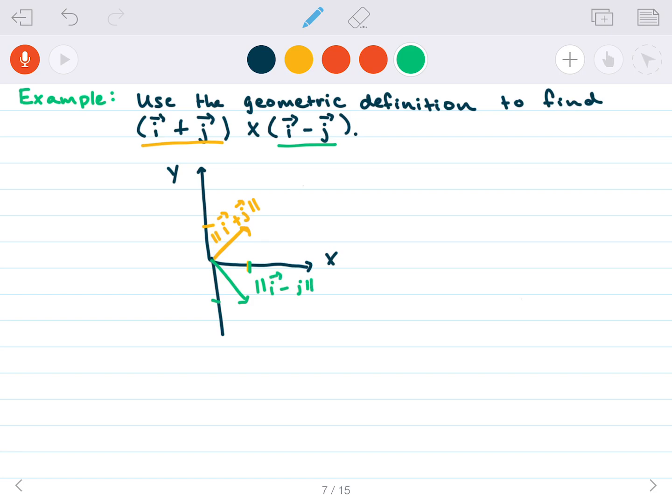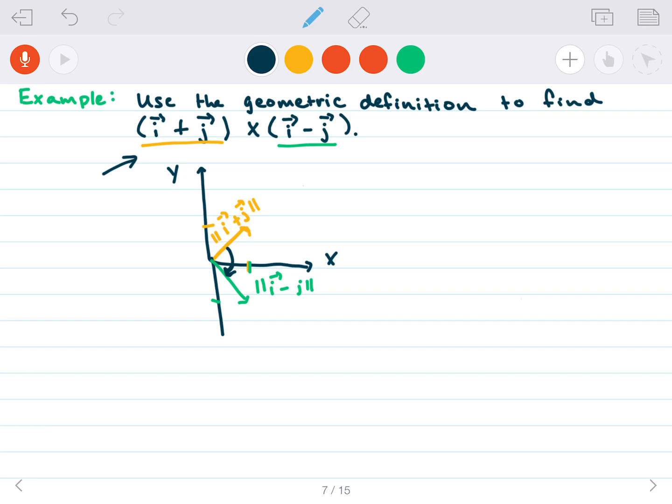Okay, so that's what that length represents there. And we want to figure out what the angle between them is, right? Because we're starting from here, since the yellow vector is the first vector that comes in my cross product, right? It's the first one there. And then we're going here, so we want to figure out what this angle is.